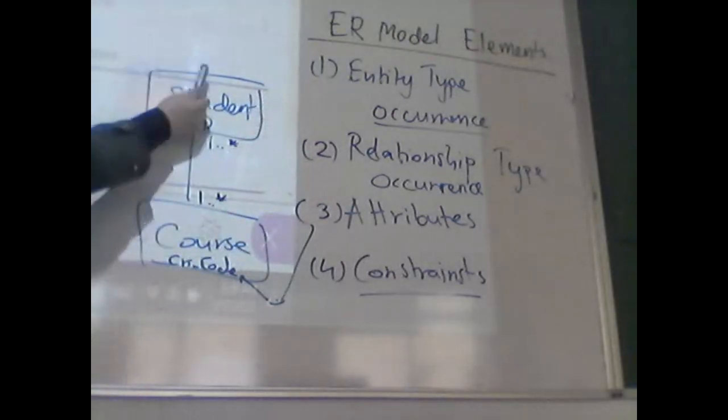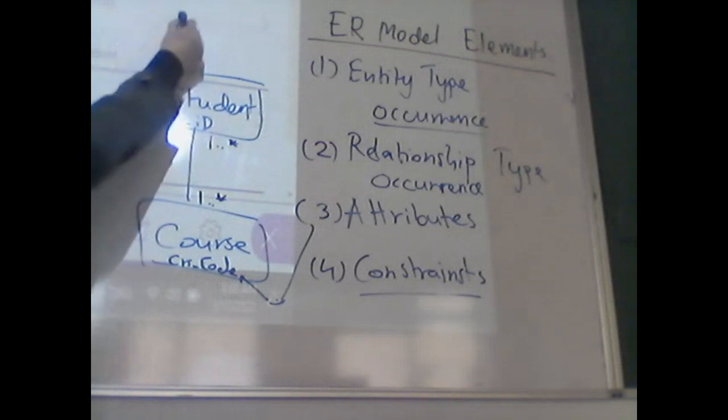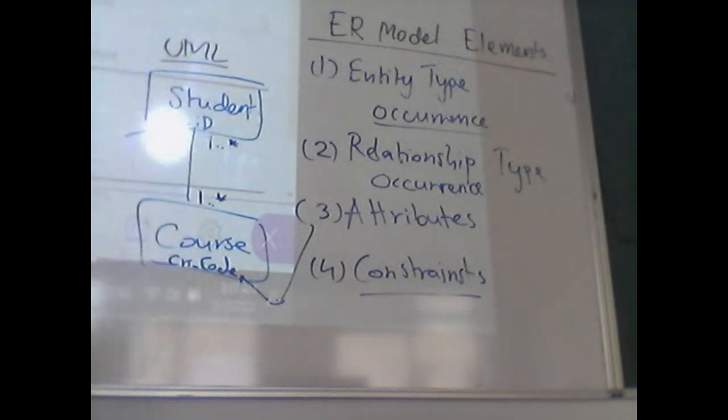We said it comes in the UML notation, Unified Modeling Language. This kind of object-oriented language can be used to represent data state plus behavior. So using UML, the entity type is represented as a rectangle.